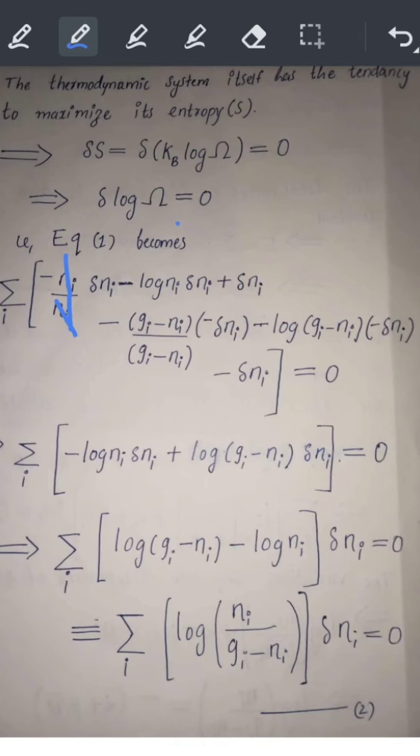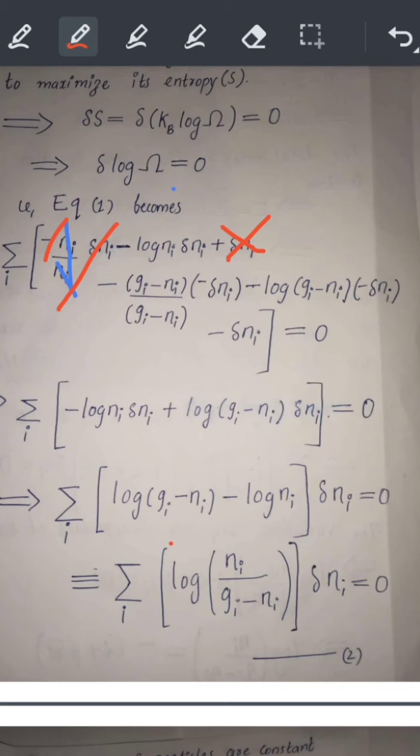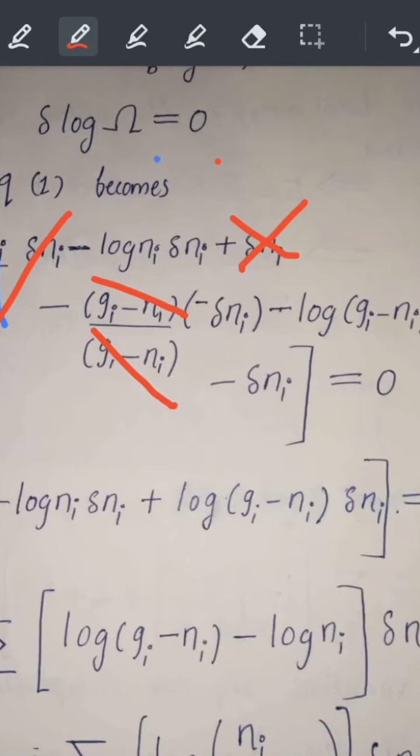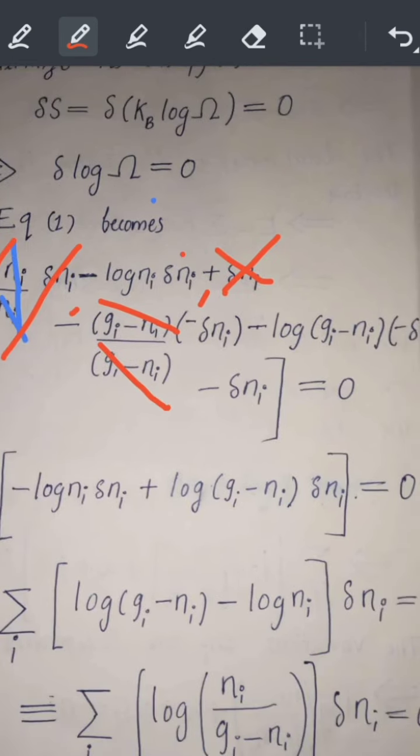So this minus delta ni and this plus delta ni cancel, and this gi minus ni and this gi minus ni cancel to 1, and this minus sign and this minus sign in total give plus delta ni here. So you will totally get plus delta ni here, and there is a minus delta ni here.